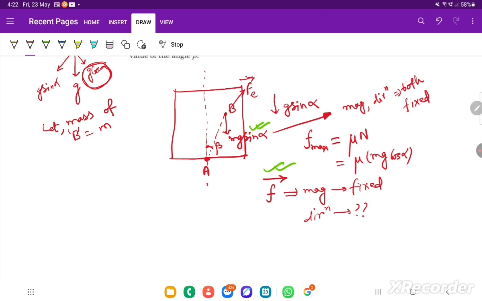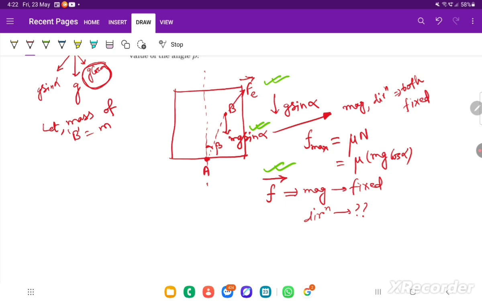I am not interested in its magnitude, assuming k, Q1, Q2 and r squared, all these things. Let's not make these things complex. Keep it simple. Fe, the electrostatic force acting along the line joining the two particles. And so this one is the third force, right? So we will deal with these three forces, and B is in equilibrium under these three forces.